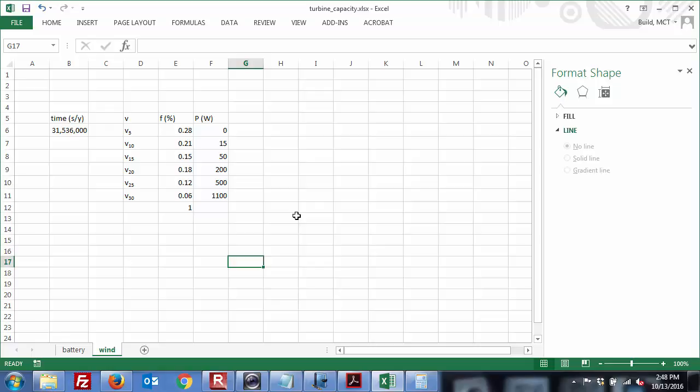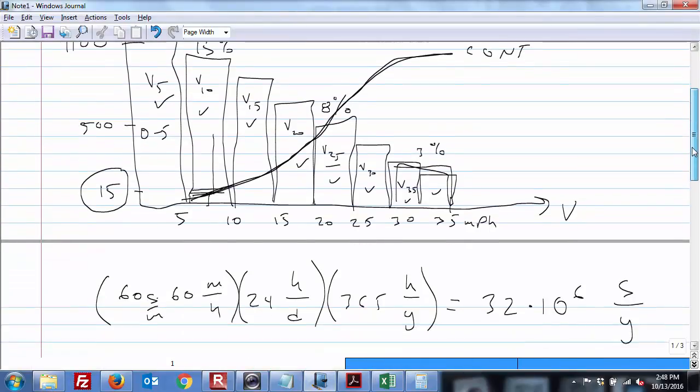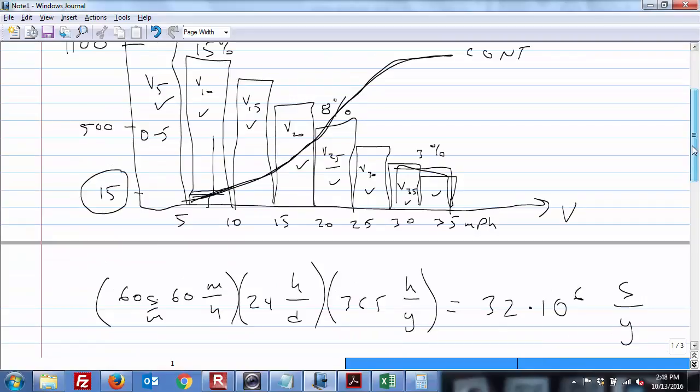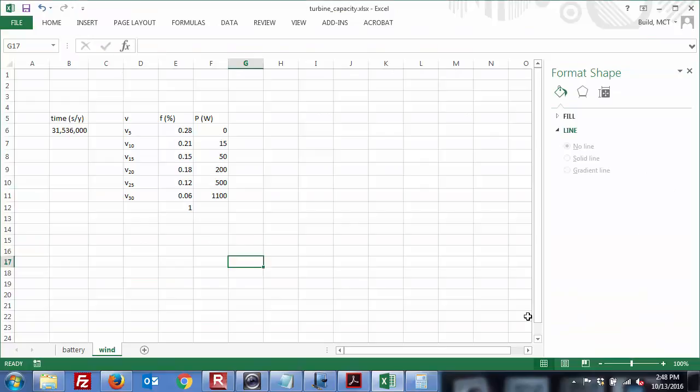So, let's go back to our formula. You like the sound effects? So, we've got the watts times the time times the fraction. So we're gonna put this in watt seconds per year. So this is energy, which is in watt seconds per year.